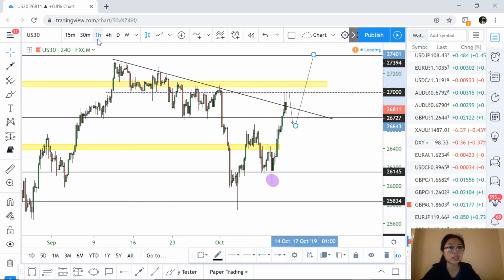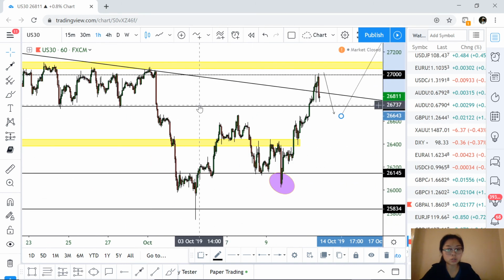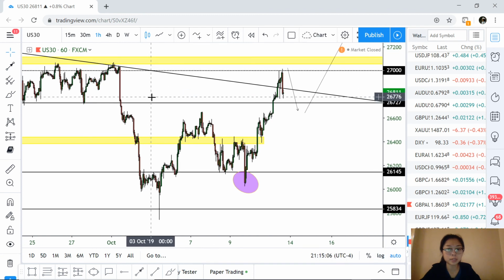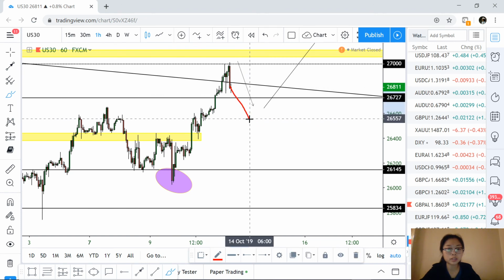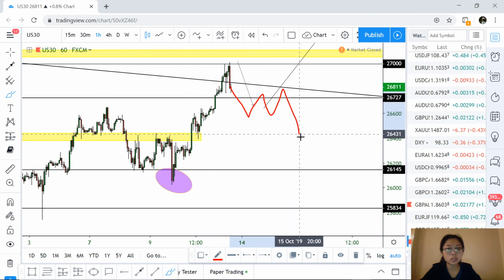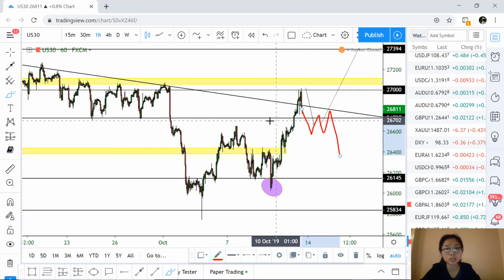Actually, I want to see a short scenario. A short scenario would be something along the lines of a clean break here, so 2 retests of the 26,700 area.